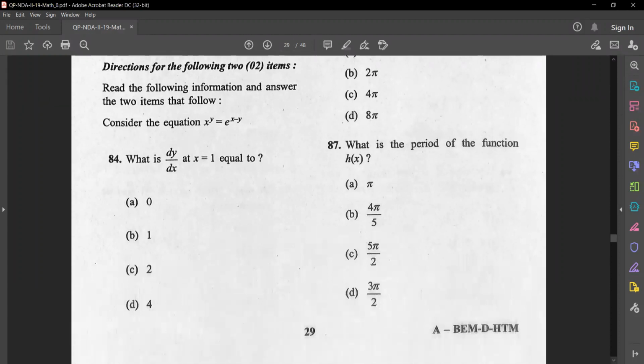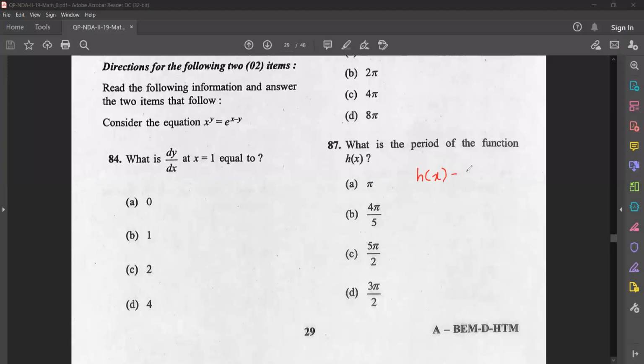So here we need h of x, that is cos 4x by 5. Try which option will give you 2 pi plus.